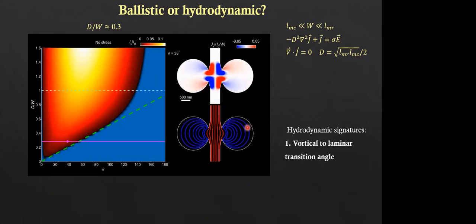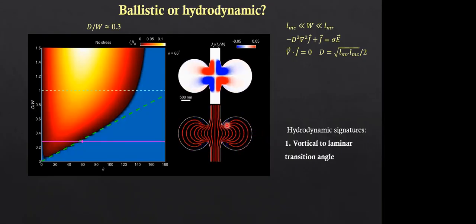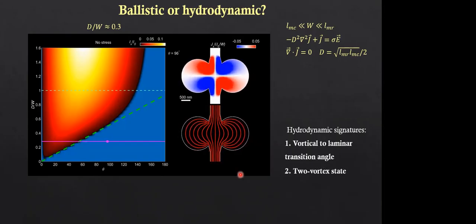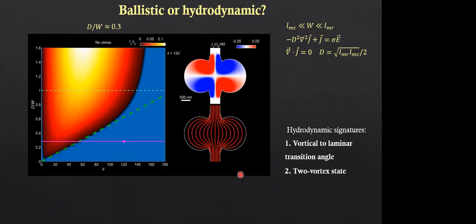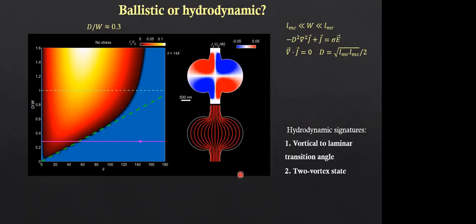Look carefully. So this is one vortex. So before disappearing, there are two vortices, these two blue lines. So this is another signature: if we observe a two vortex state, that means we are in the hydrodynamic regime. And also we have to look for, again, what I already told you, the vortical to laminar transition angle.